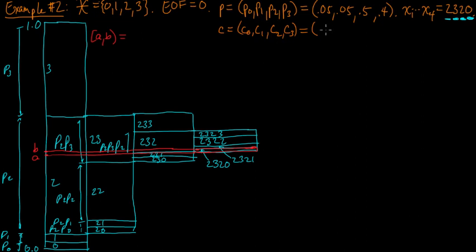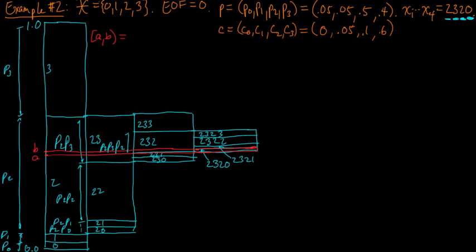So this is going to be 0, the sum of the P's up to but not including this one. The next is 0.05, it's just this one. The third one is the sum of the first 2, so that's 0.1. And the fourth one is the sum of the first 3 P's, so that's 0.6.